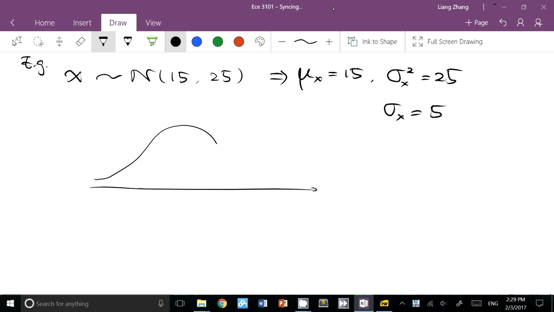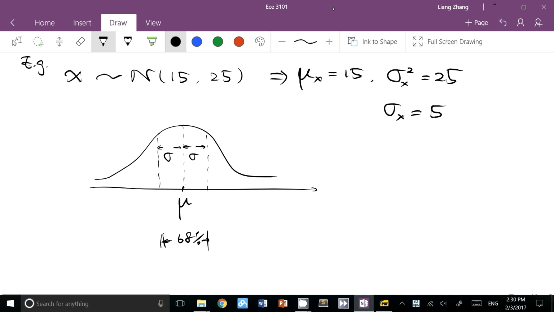Now we discuss the shape of a normal distribution. It's a bell-shaped curve that we're all familiar with, and it's symmetric with respect to the center, which is mu. And from the book, and from some simple calculation, we can easily figure out the following fact. If we go one standard deviation to the left and to the right of this normal random variable, then we'll be covering about 68% of all possible values, or all possible cases.